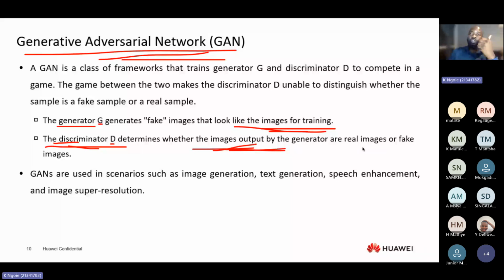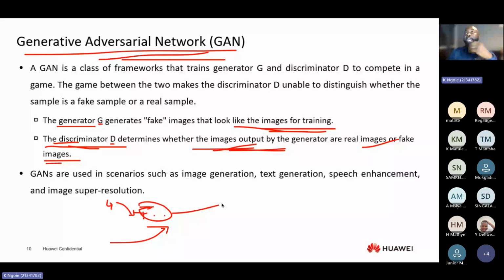So every time you have an input, the generator will bring a fake image, and the discriminator will determine if this image is real or fake. If the image was really fake and it detects that, it's going to note that as a good action. If it made a mistake, it's going to note that as a wrong action.